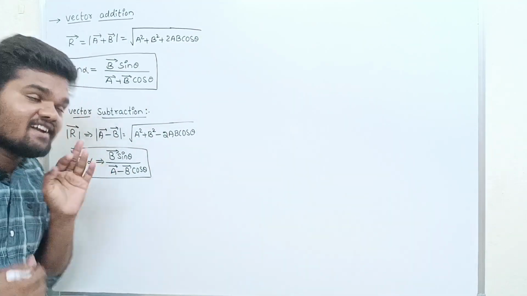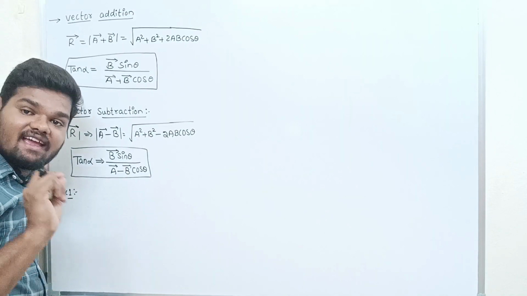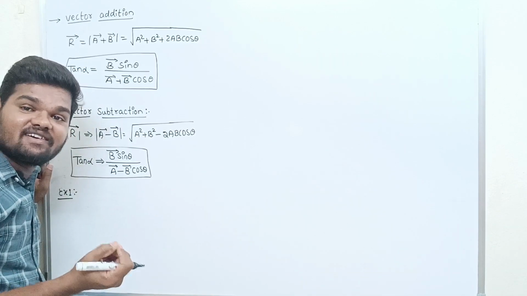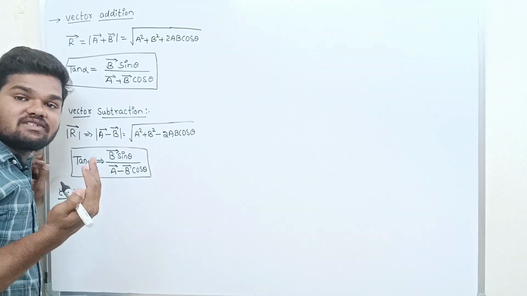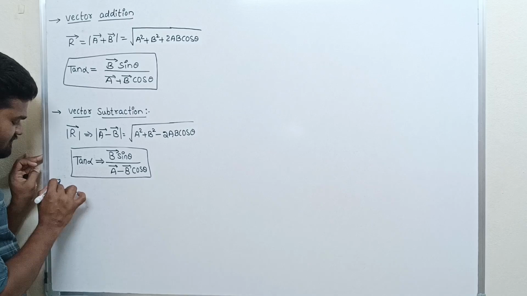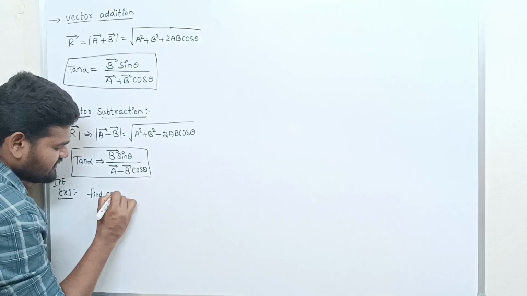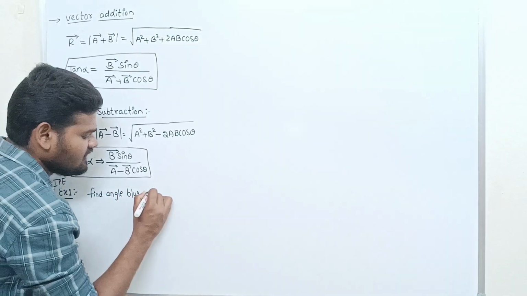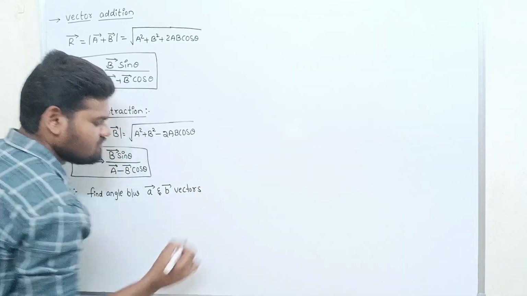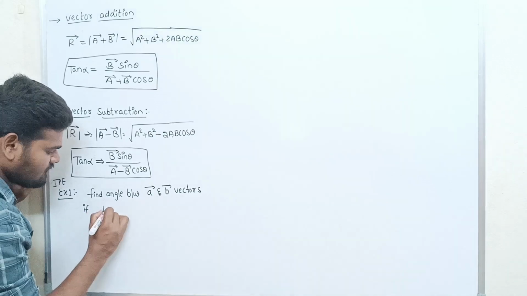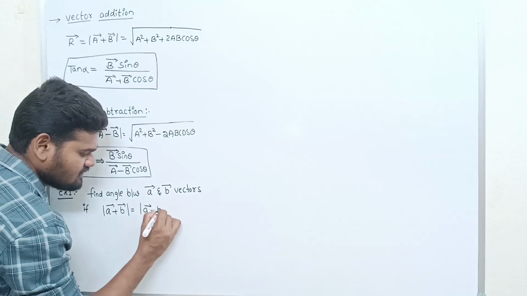Okay. Any doubts? Right. This example problem is an important problem in your IPE examination if you are studying in Telangana state, because I belong to Telangana state. They ask this question for 4 marks most of the time. So the question is: find the angle between a bar and b bar vectors if the magnitude of a bar plus b bar is equal to the magnitude of a bar minus b bar.